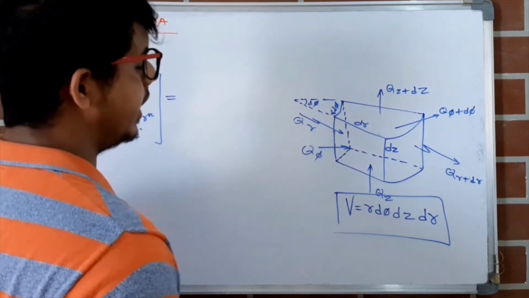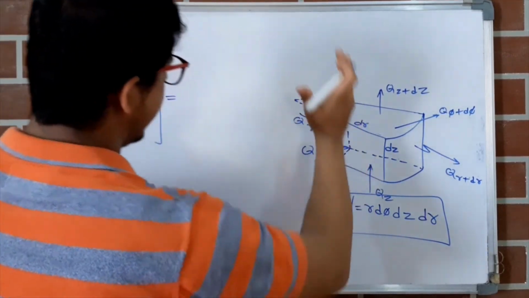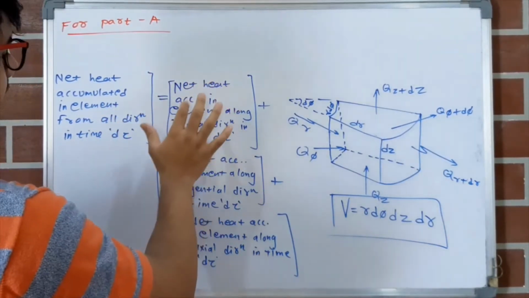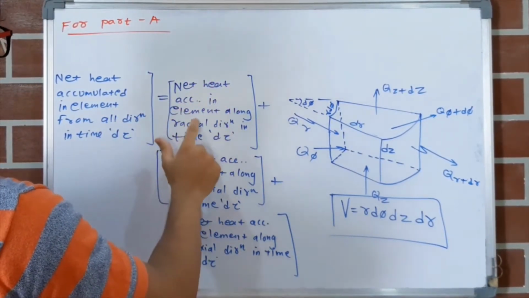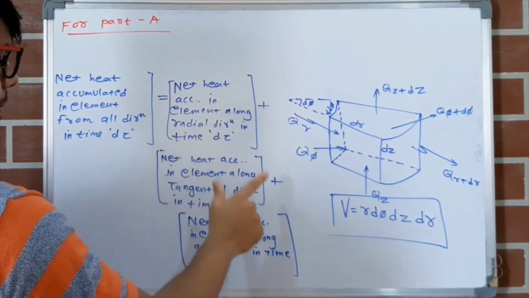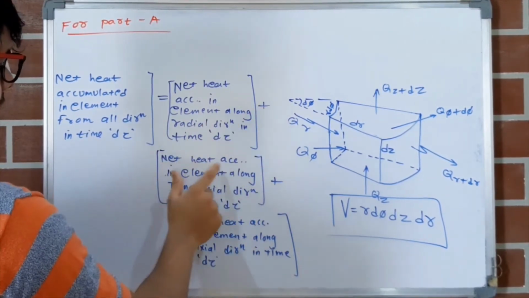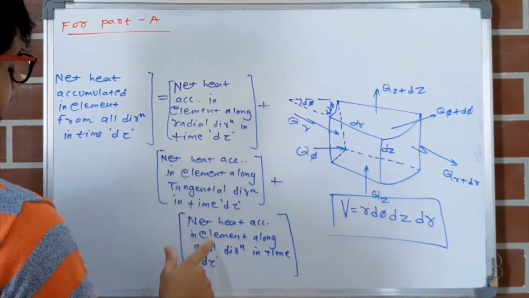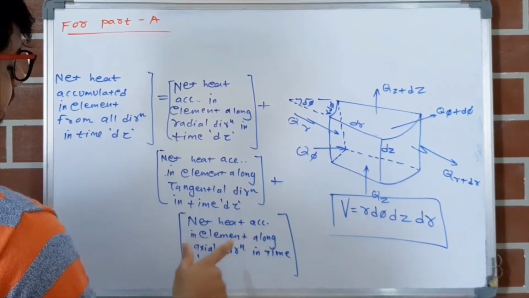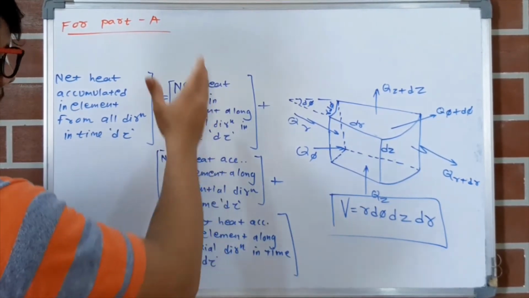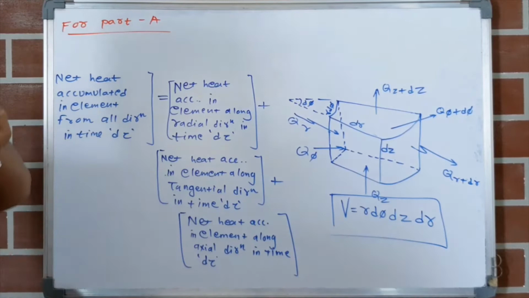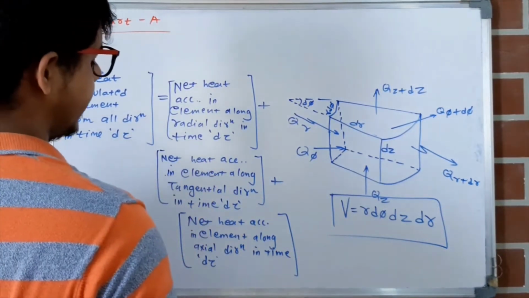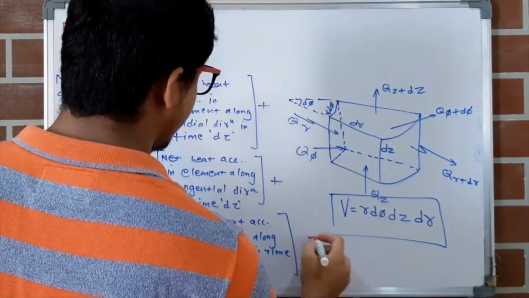So you have to write this. Now we will derive along the radial direction first. But before deriving, mark this equation as equation number 2. Okay.